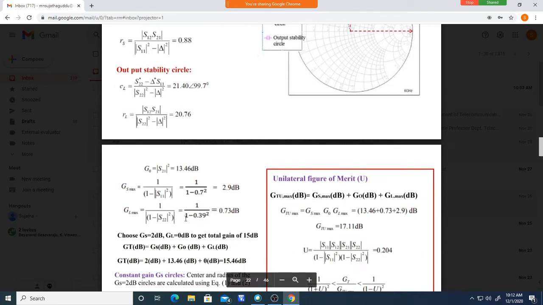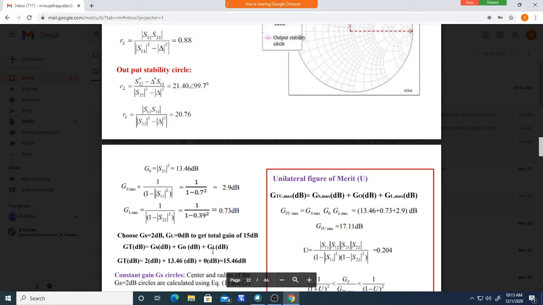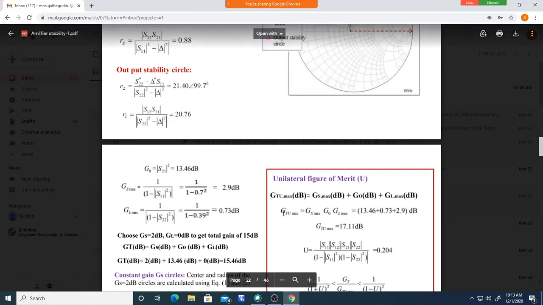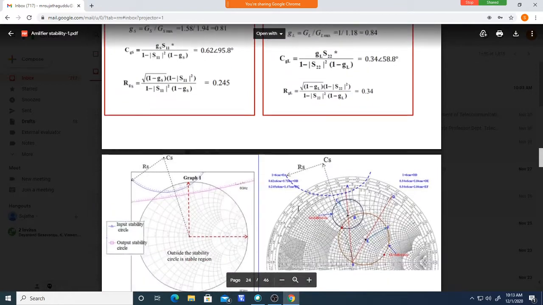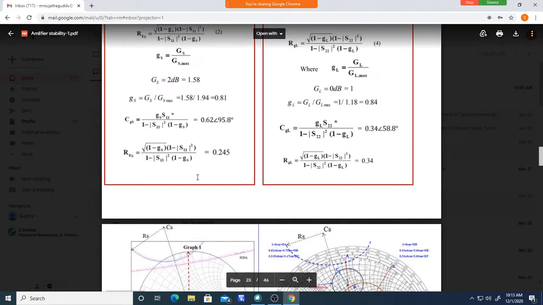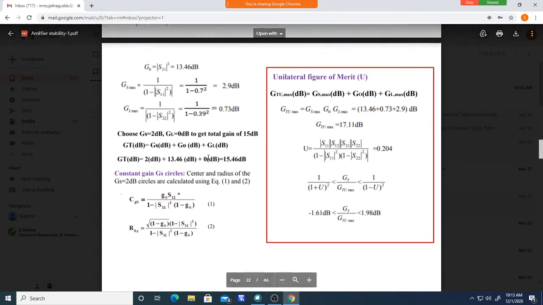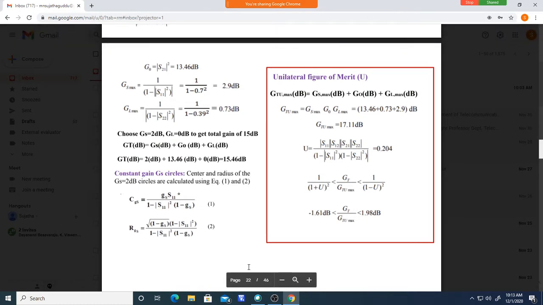To get the 2 dB, we have to draw a constant gain circle. We have to draw the 2 dB circle and the 0 dB circle, and we have drawn these circles, this one constant 2 dB circle and this one constant 0 dB circle, as needed in this problem. This is for a given gain amplifier, if a gain is specified.